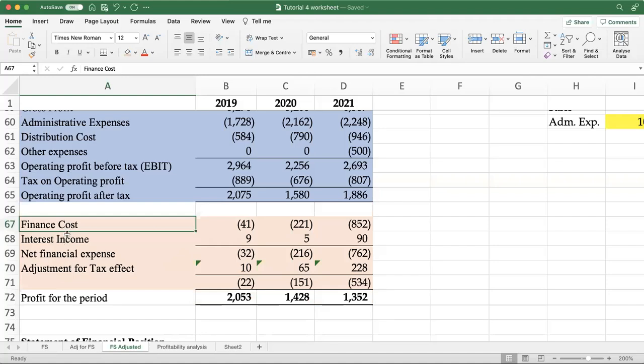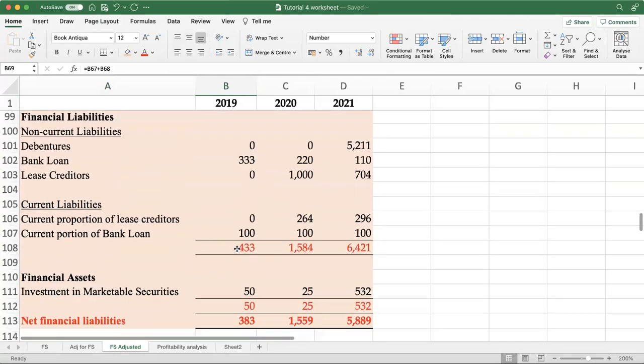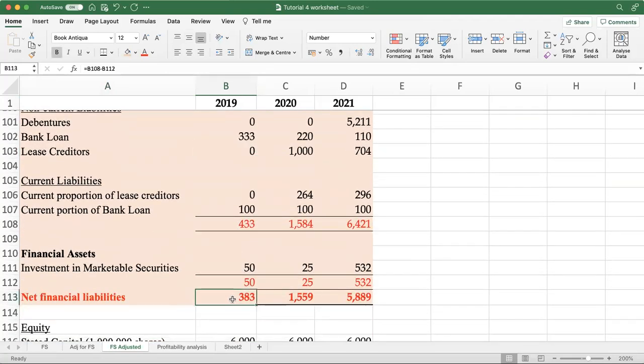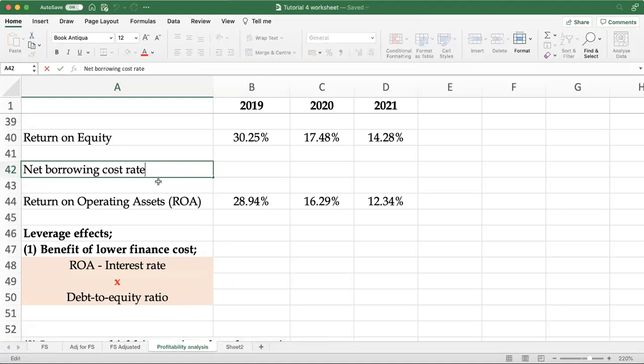The difference between finance cost and interest income is the net financial expense, or net expense relating to borrowings. We'll use that to calculate the borrowing cost rate: net financial expense divided by net financial liability.